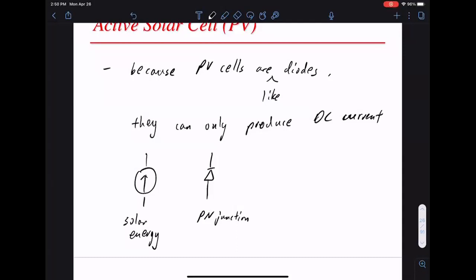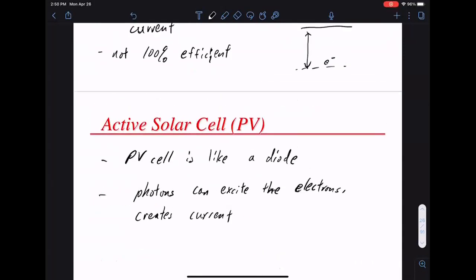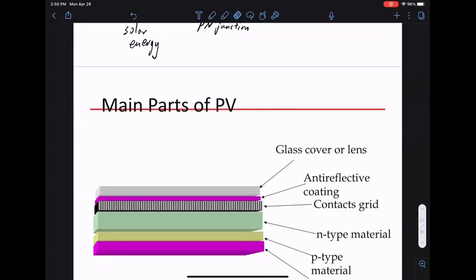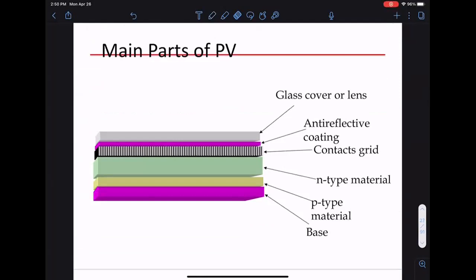Okay, so what I drew is quite simple, just two things together. The way you actually make it is, of course, not that simple. When you look at a solar panel, you see a dark, glass-looking thing. This is because you have a glass cover, an anti-reflective coating, wires that carry current out, n-type, p-type, and a base.